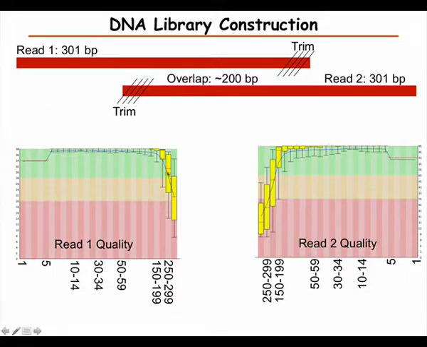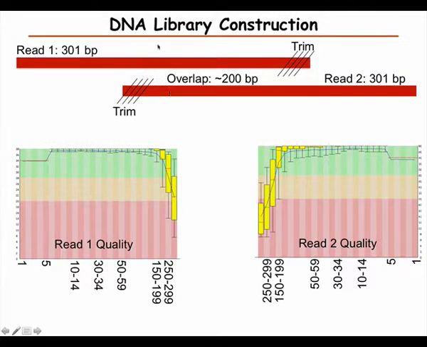So quality-wise, usually the quality drops at the end, and so we trim off a little bit at each end, but the overlap is quite big. And the nice thing is that where the quality of read 2 is low, which is over here, the quality in read 1 is still pretty high.